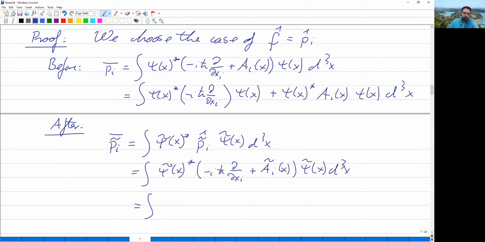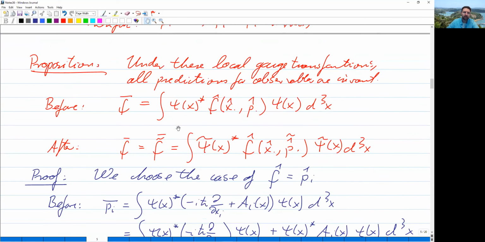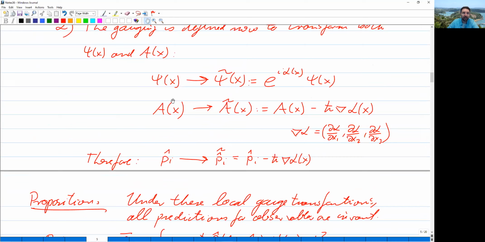and this then is the integral. Well, we know how this transformed. This is coming from psi of x times e to the power minus i alpha of x. And then here we have minus i h bar d by dxi plus, well, remember how this came about. This was the Ai of x. And then let's look up exactly how it went. The gauge transformation of the A field was that the A went into a tilde, and the A tilde is A minus h bar gradient of alpha.